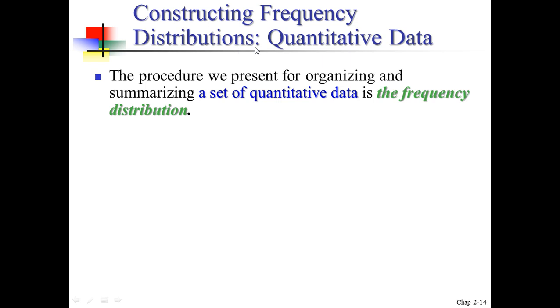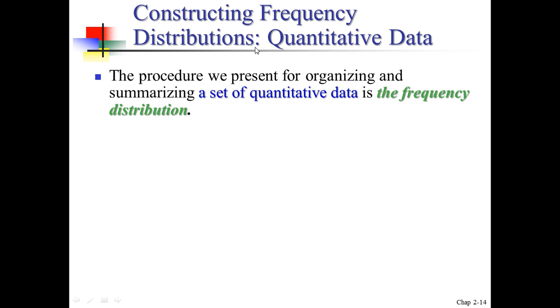So again, in order to make a frequency table, you can use both qualitative or quantitative data. If you have a qualitative data set, you can construct a frequency table.